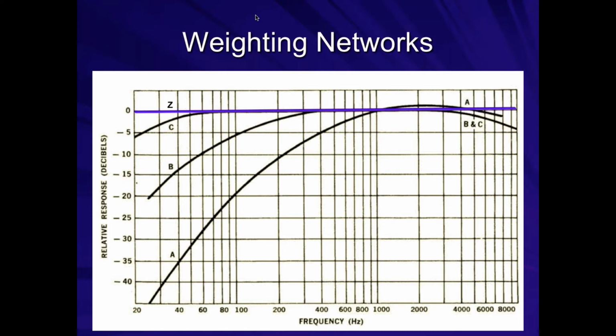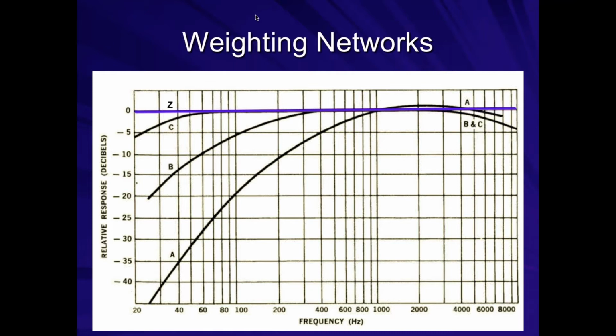Now, the thing is that our hearing is not universally sensitive to all frequencies of noise. If you look at that C band, the black line that says C, it looks pretty much like it's measuring sound levels at all of the frequencies about equally.